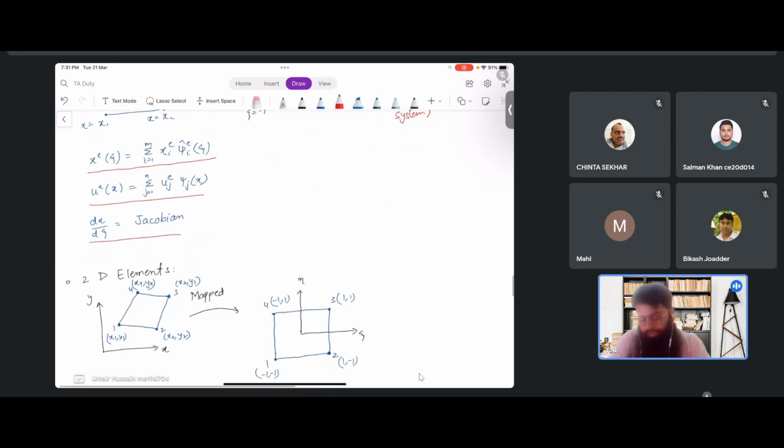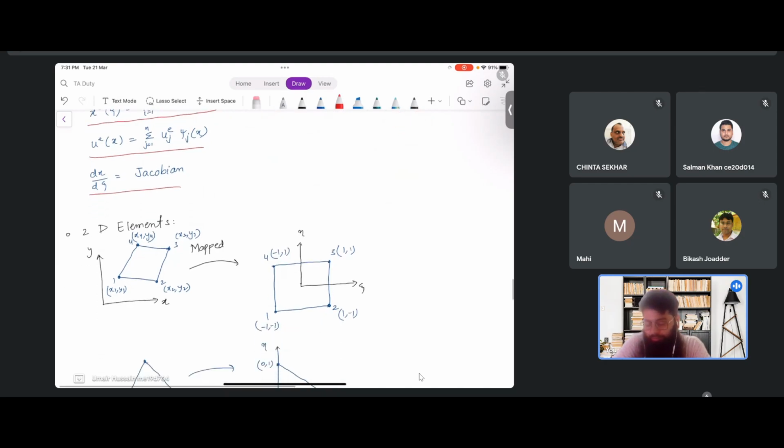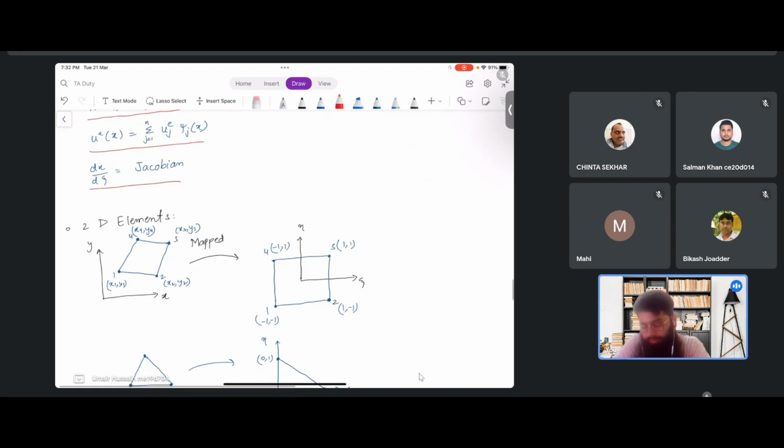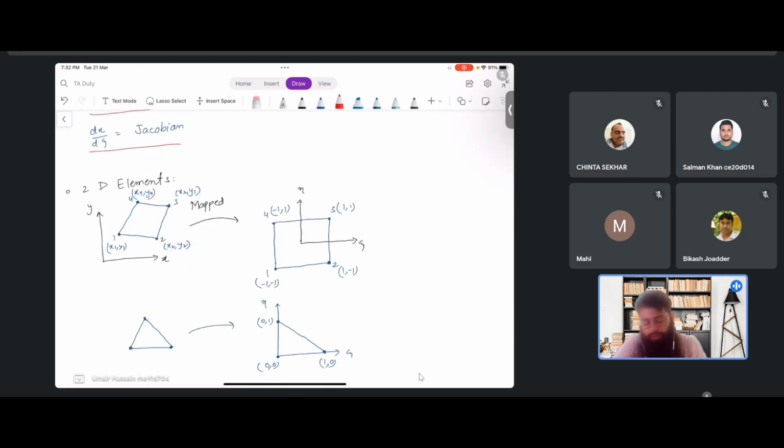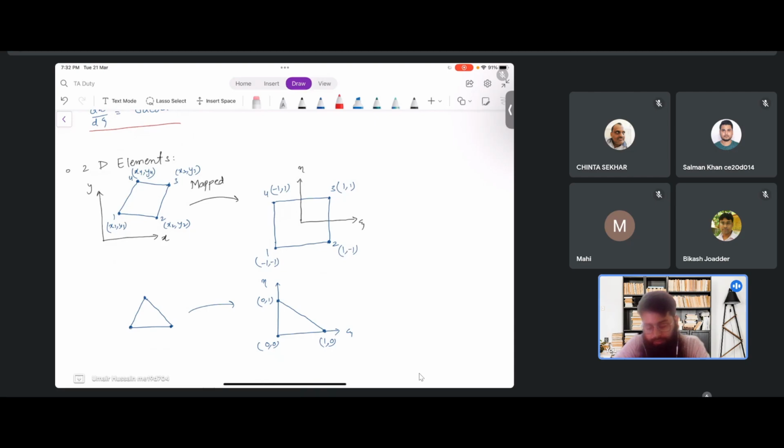Now, in 2D we don't have just a single type of element like in 1D; we have several types of elements. So based on the element, we have a specific type of mapping. In the case of quadrilateral elements, we map to a standard square where zeta varies from -1 to +1 and eta varies from -1 to +1.